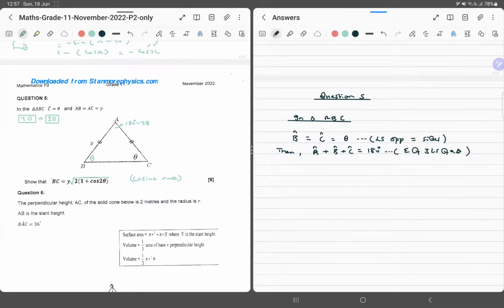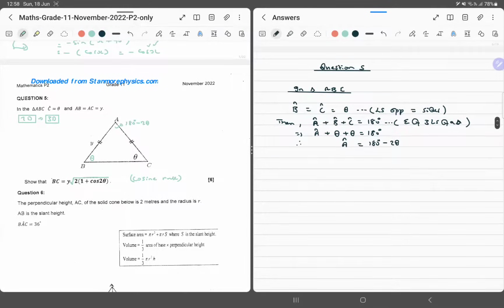Okay? From here, we know that this implies that angle A plus theta plus theta is equal to 180 degrees. So theta plus theta is 2 theta. We have to show that angle A is like that.